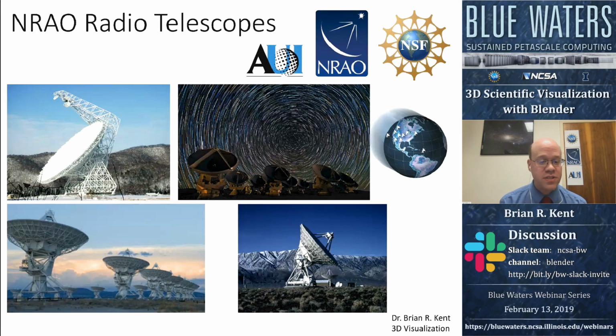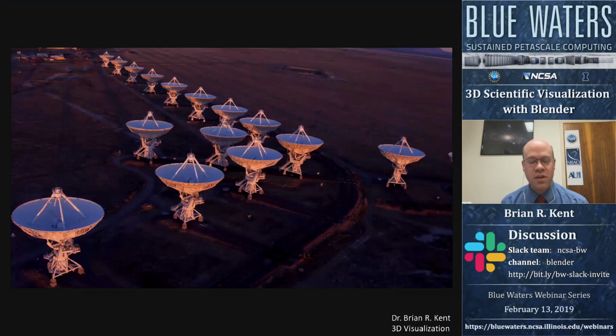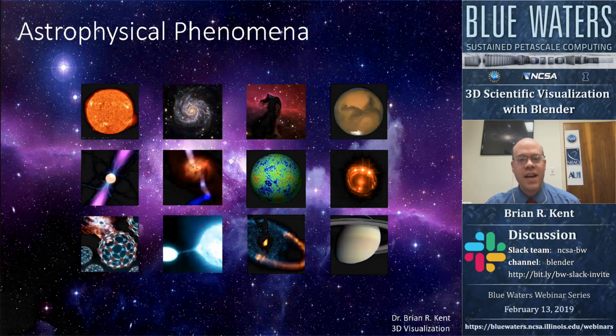And then finally in New Mexico, we have the VLA, the Very Large Array, which is a 27 element interferometer. You can see a picture of the telescope here at sunrise. These telescopes are all used in concert by scientists to study astronomical phenomena at radio wavelengths. And there's all kinds of different astronomical phenomena that we can consider, and some of these I'll be talking about today.